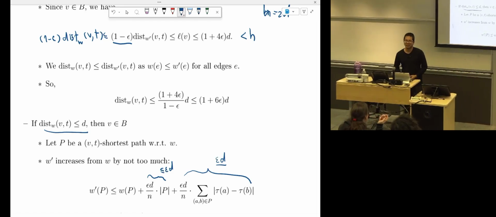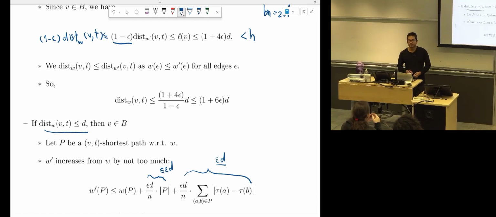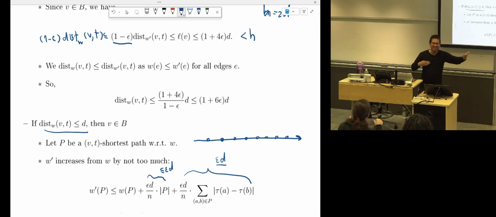It's a similar argument to the maximum edges in the path. Maybe the shortest path is just one edge, and it's on the path graph, which is the worst case. But if we're going from the start to the end, then the total difference in topological order needs to be n. Consider this example, where it's like a path. Every path goes forward in topological ordering.